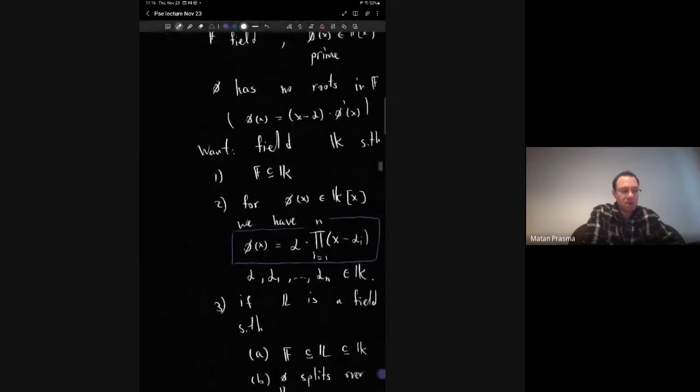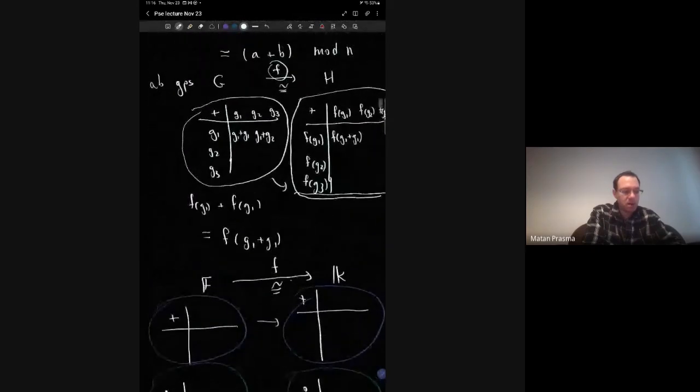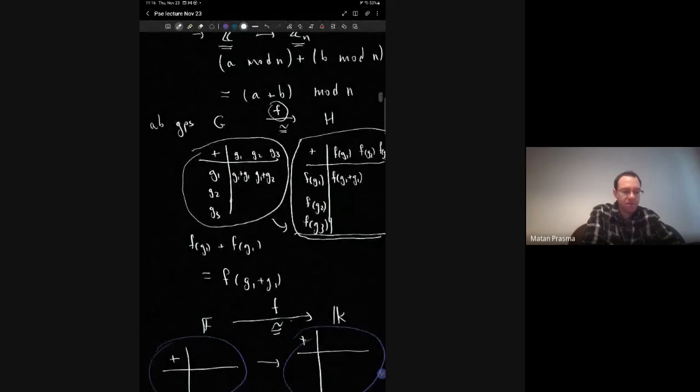Okay, so let's consider this drawing of, say, two groups with an isomorphism F, right? Let's suppose G and H are two groups, and F is an isomorphism.